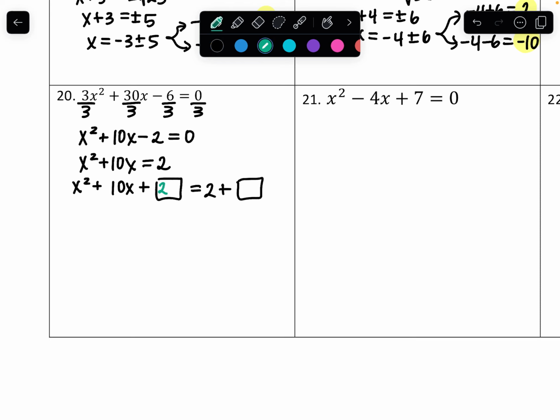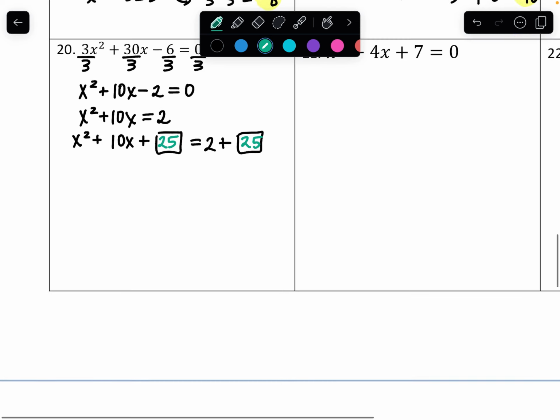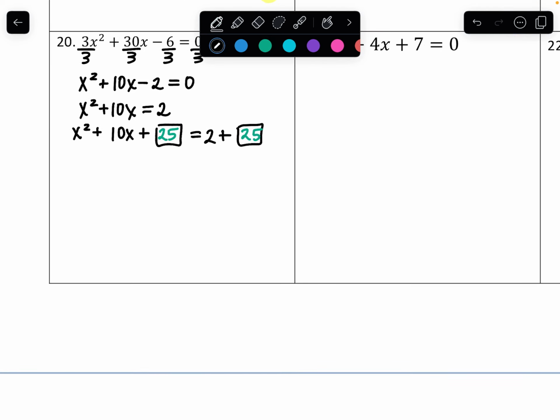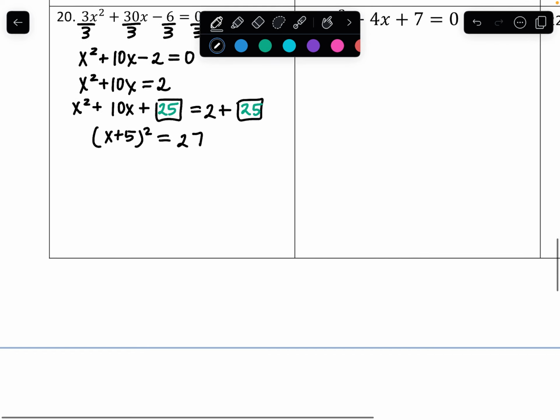Half of b, squared, is 25. The left side factors to (x + 5)^2. Right side simplifies to 27. Square root property.